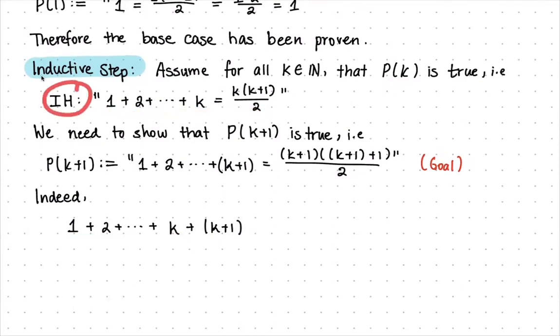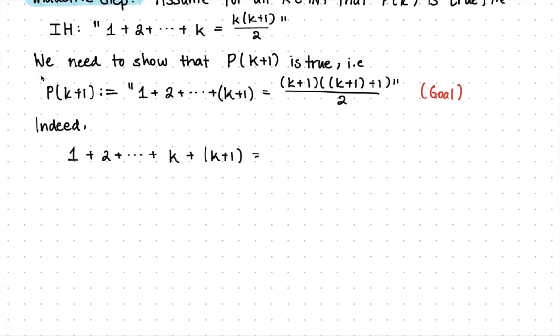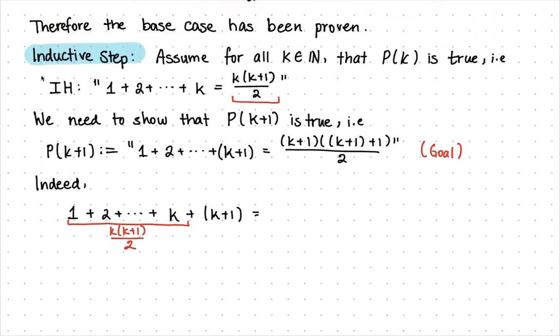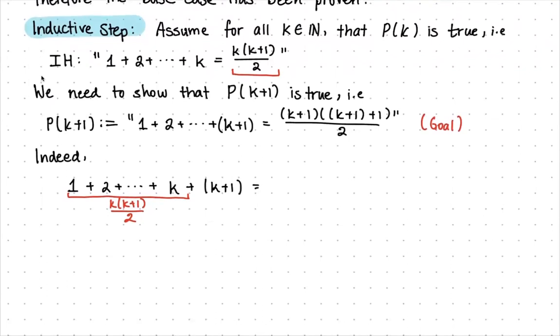What we have to do now is use this assumption in our next step. By the inductive hypothesis, what is this equal to? Well, this is precisely equal to k times k plus 1 divided by 2. So I'm going to put that in. Now we end up with k times k plus 1 divided by 2 plus, and we still have the k plus 1 term on the outside. We're not done with this term. This is the thing that we still need to use.